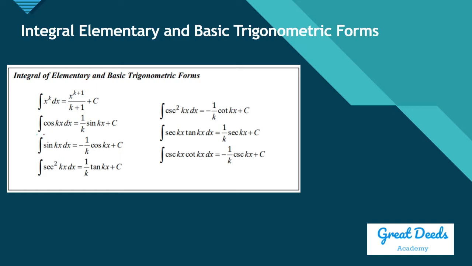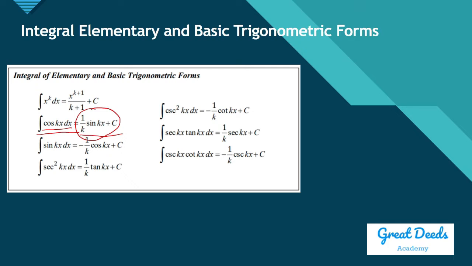The integral of cosine of k times x dx, where k is a constant, is equal to 1 over k sine of k times x plus c, because when you get the derivative of this with respect to x, it should give you cosine of k times x. So that is what is happening when we are getting the integral. We are looking for the antiderivative.